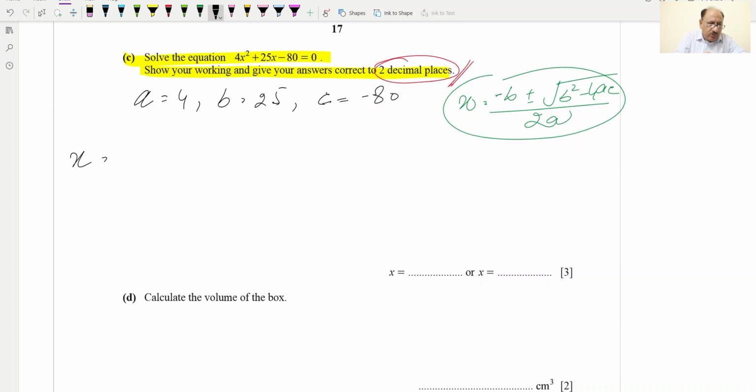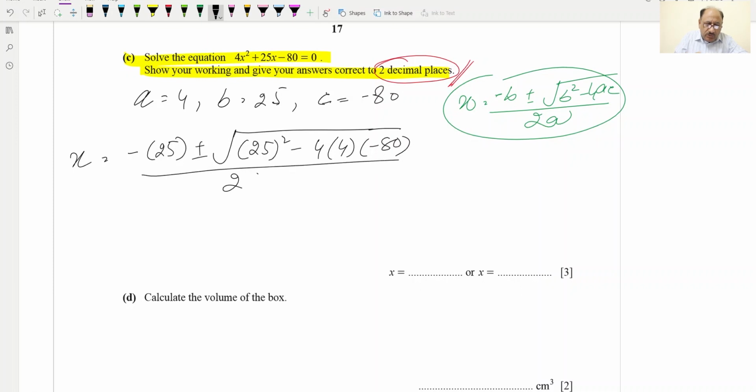So x is equal to minus b, it means minus 25, and plus minus, always replace values in the quadratic formula in brackets. That will reduce the chances of mistakes. So b squared minus 4ac and divided by 2a.